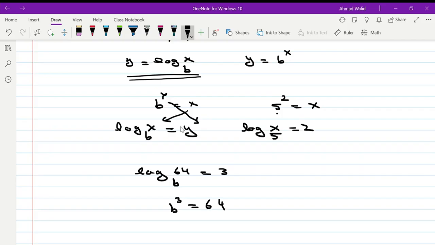Bring down, cross, cut, or cross, cut. That's the easy sentence that you remember, and you can change from one form to another form, correct?